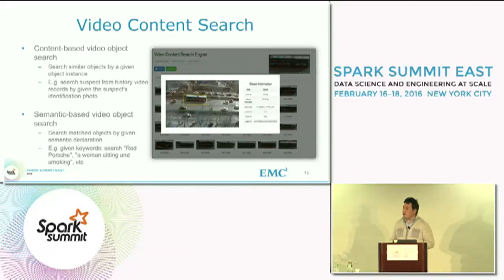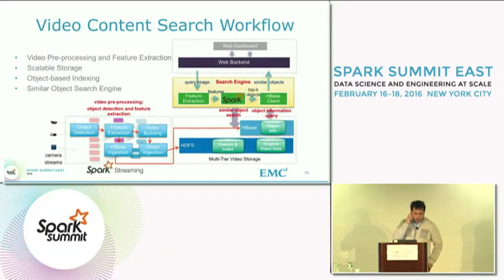So here I want to briefly introduce how we use Spark in the first, content-based video object search scenario. Here is the overall architecture of the video content search engine. The input query here is an image which contains a target object.